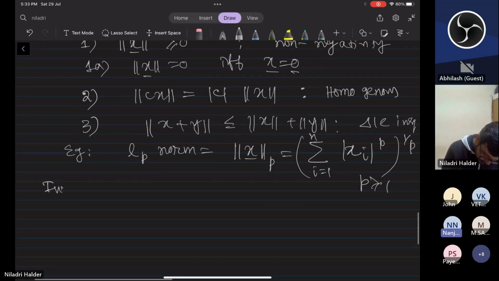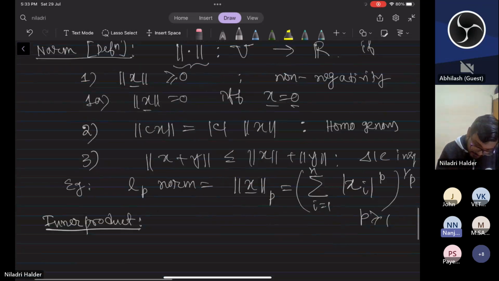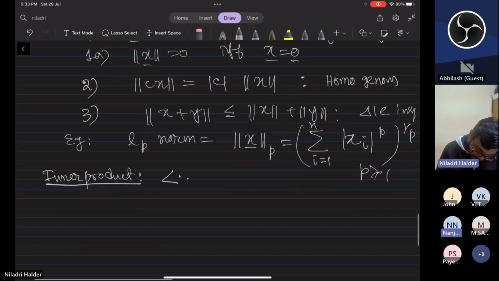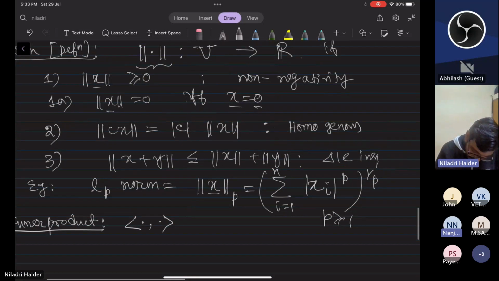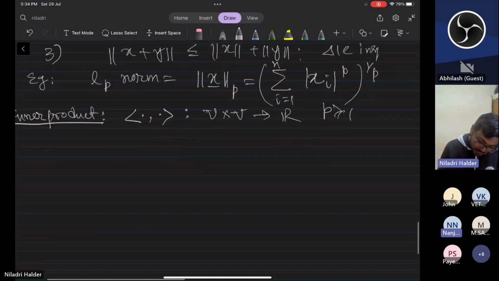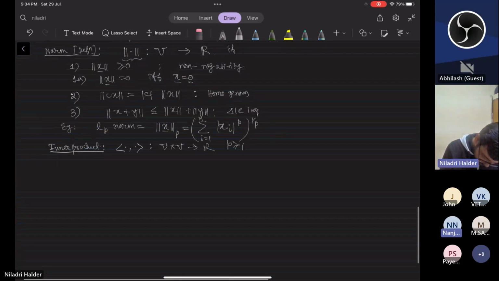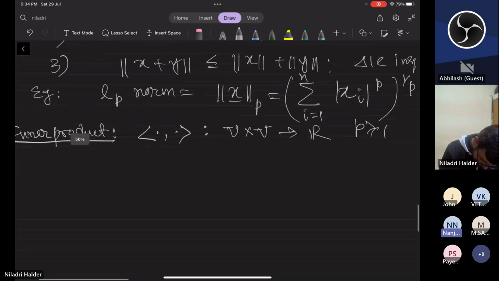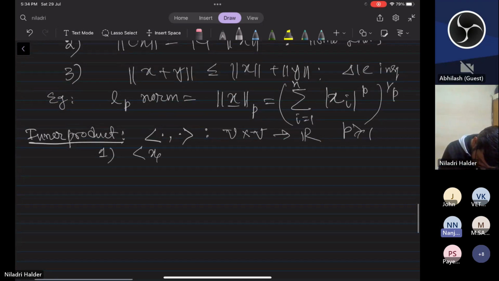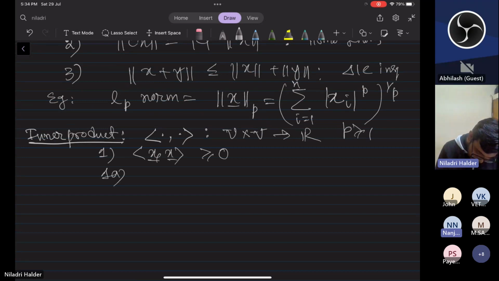Then inner product. The inner product is denoted by this function. It will go from two vector spaces to a real number, and the conditions are: number one, if I take the inner product of a vector with itself, it will be greater than or equal to 0, and equal to 0 if and only if x equals 0.